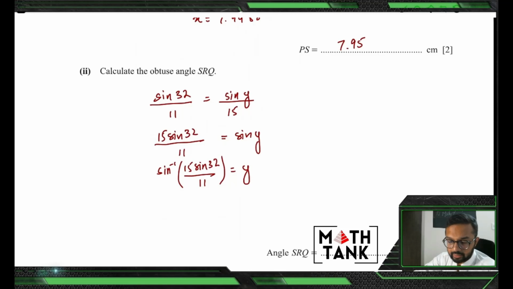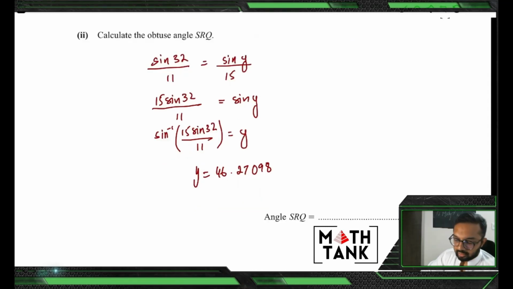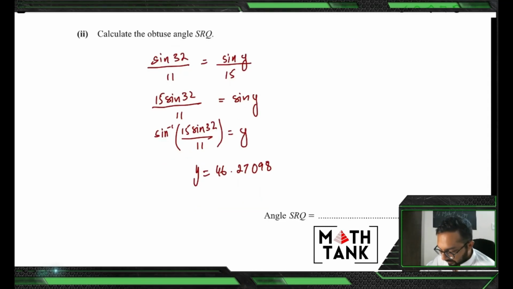You should do it like that on the exam as well, so that you get the most accurate possible answer. Your calculator can calculate the entire fraction. You don't need to worry about that. So y is 46.270. Okay, so 46.3 is the value of y, but I wasn't looking for an acute angle.